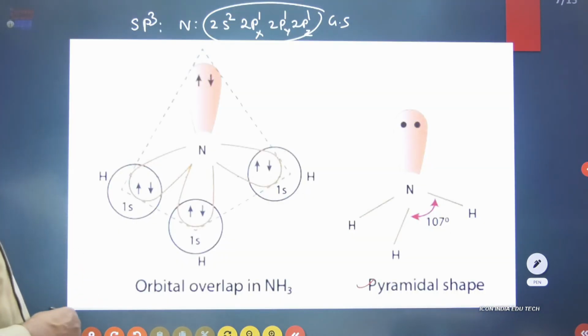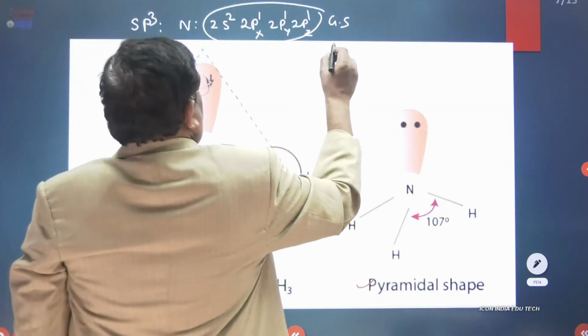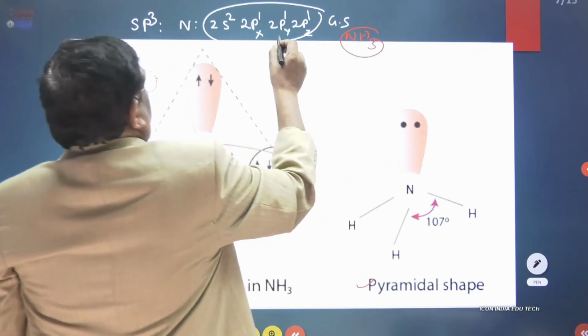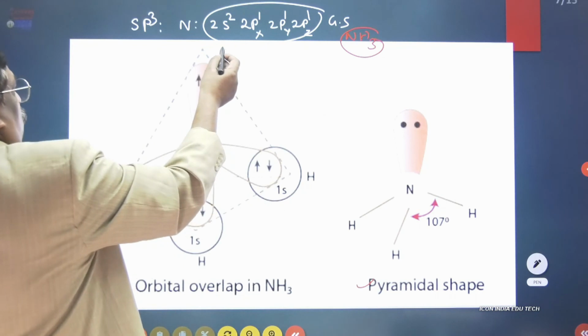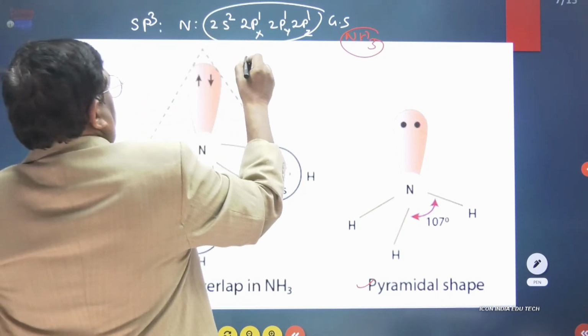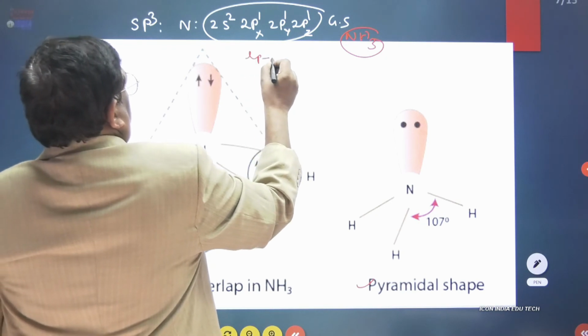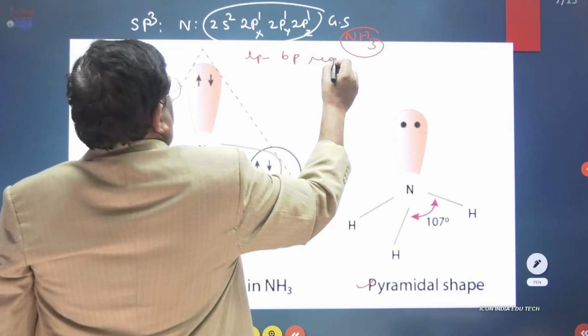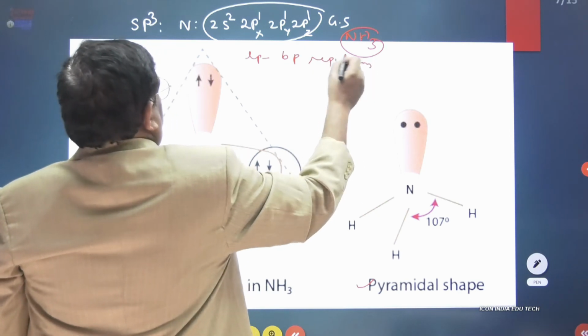Then ammonia. In the ammonia molecule, in the ground state only, nitrogen has 3 unpaired electrons. In the ground state it undergoes sp3 hybridization, and here lone pair repulsions and bond pair repulsions are there. Lone pair, bond pair repulsions emerge.